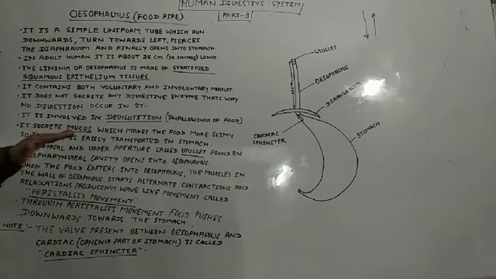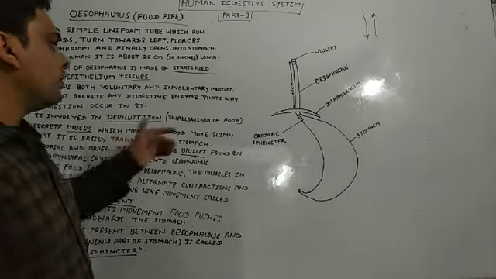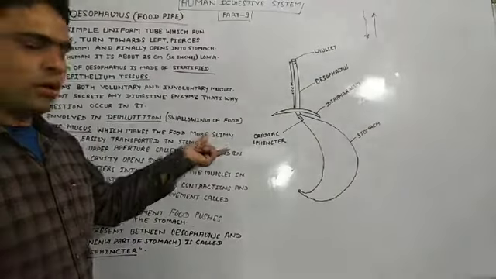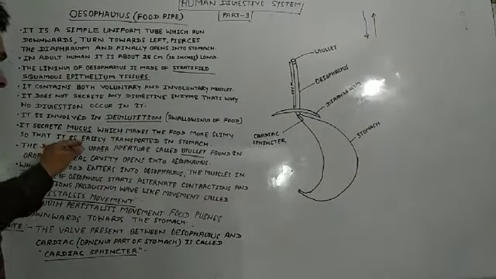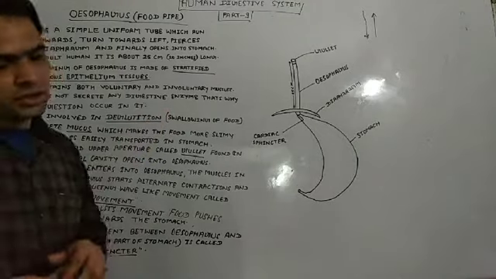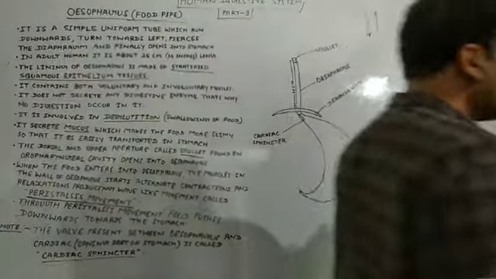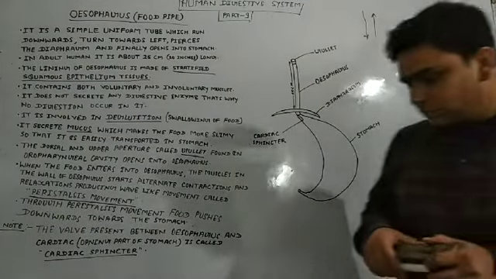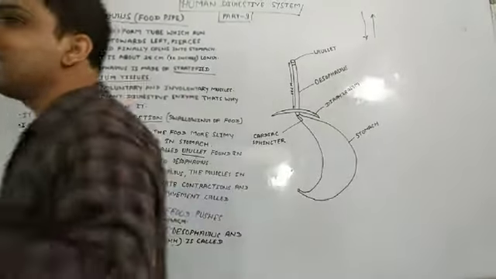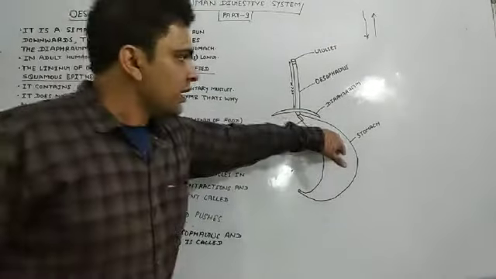The mucus secreted by the mucus glands makes the food more slimy, so it is easily transported into the stomach.